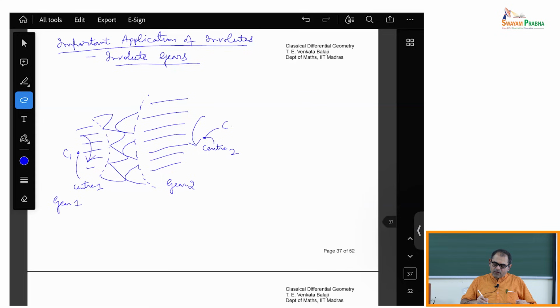And so in this case, it is the circular motion of gear 2, which is along the axis passing through C2, which, if you want, think of it as a line perpendicular to the plane of the diagram through C2.